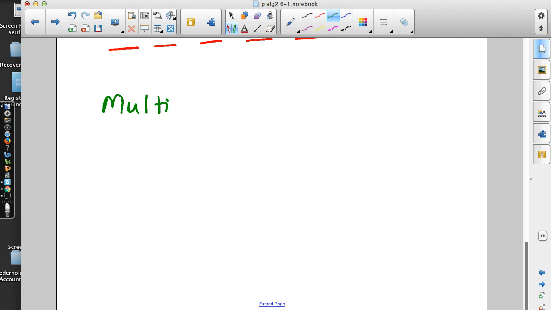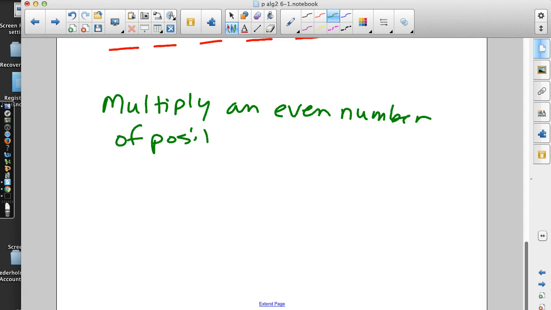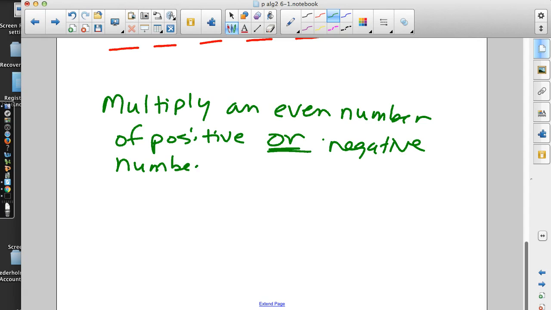Multiply an even number of positive, or, and that's a big or because they would all be positive, negative numbers and your answer will be positive.